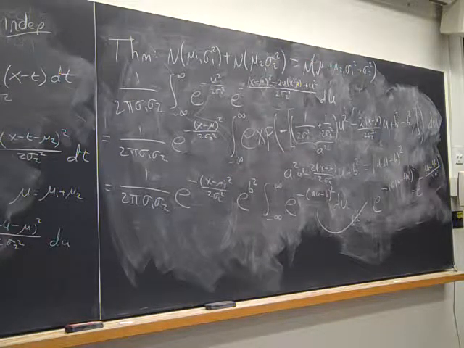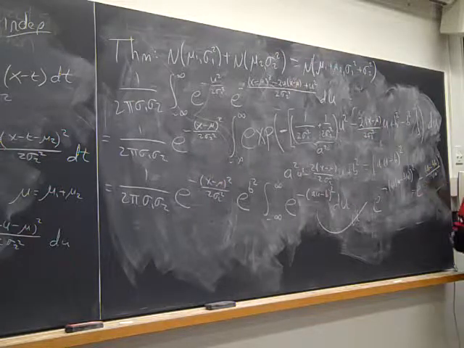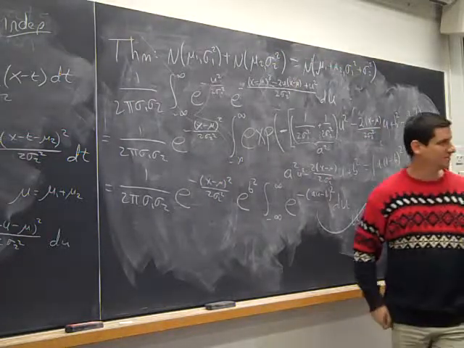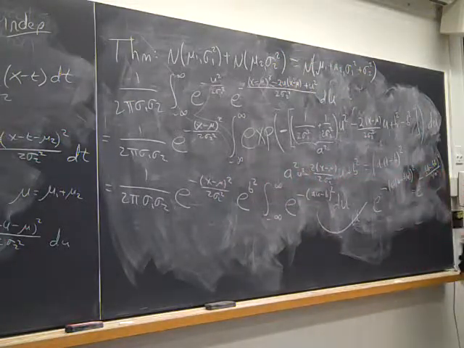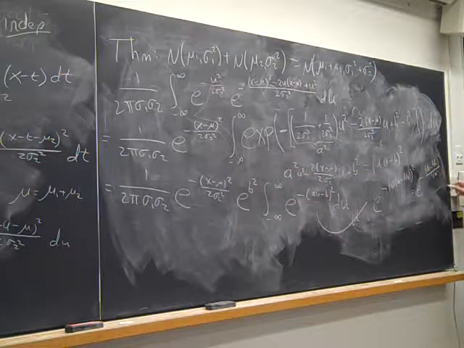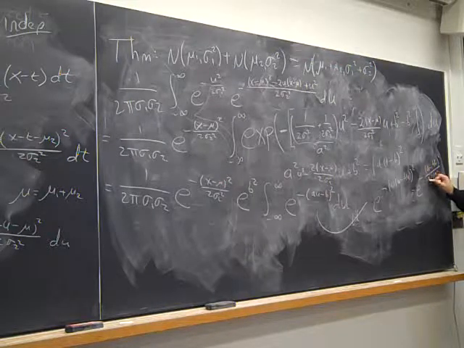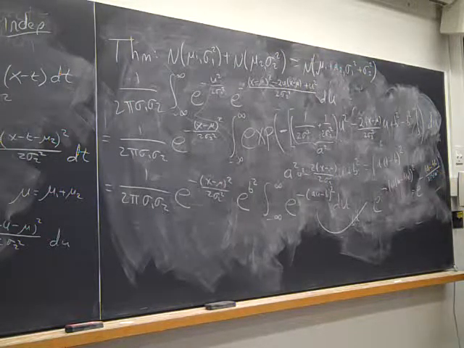Am I missing anything? Okay, I'm missing the normalization constant. I'm also missing one other thing. I'm missing the factor of 2, right? How do I get the factor of 2? Well, I can put in a 2 over here and then multiply by 1/2.